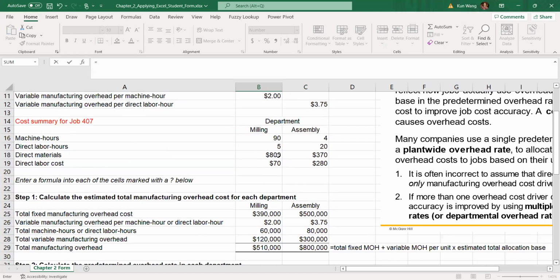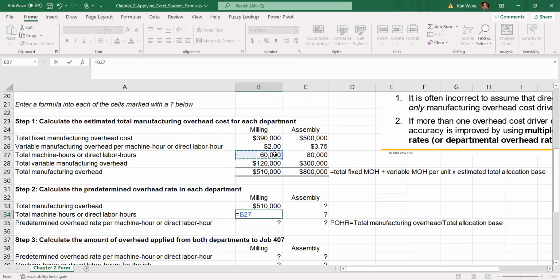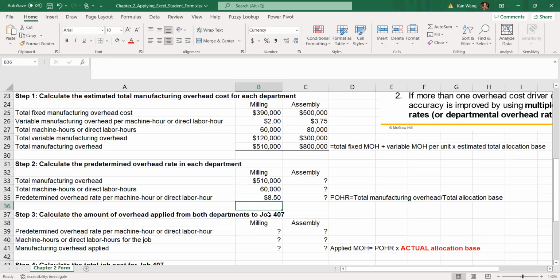Probably I will use this one. And then the rate will be B33 divided by B34. The estimated overhead rate for the milling department is 850 per machine hour.